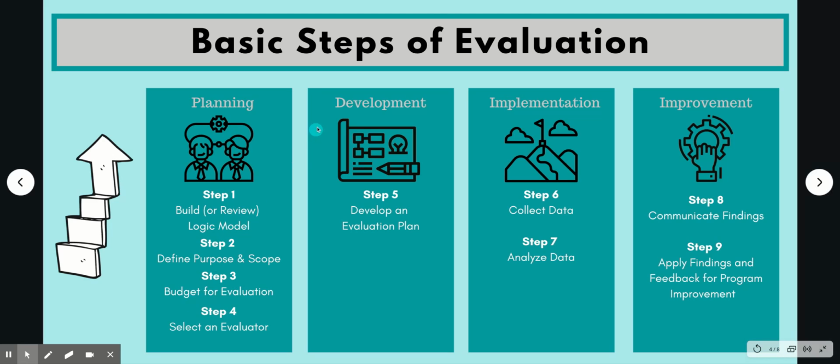The planning phase is followed by the development phase, which has one step, which is developing the evaluation plan. In the implementation phase, the evaluators collect and analyze data. And then finally, in the improvement phase, the evaluator goes through the last 2 steps, which are to communicate the findings of the evaluation and then to apply the findings and feedback for program improvement.